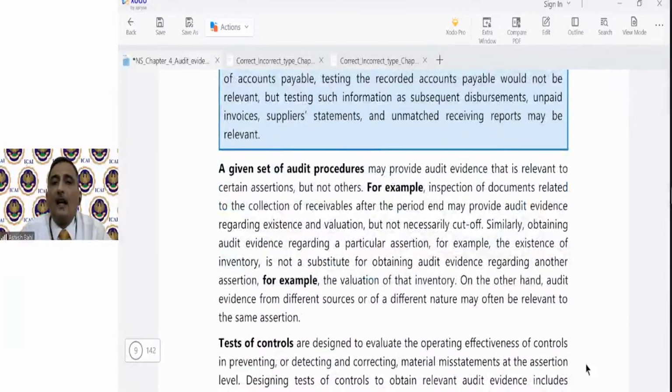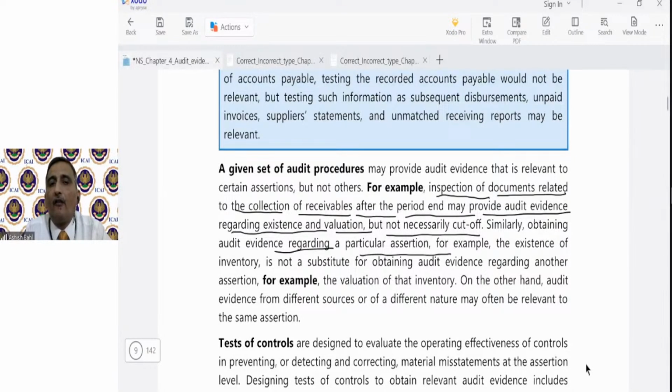An example is given, for example, inspection of documents related to collection of receivables after period end may provide audit evidence regarding existence and valuation, but not necessarily cut off. Similarly, obtaining audit evidence regarding a particular assertion, for example, existence of inventory, is not a substitute for obtaining audit evidence for the valuation of inventory.